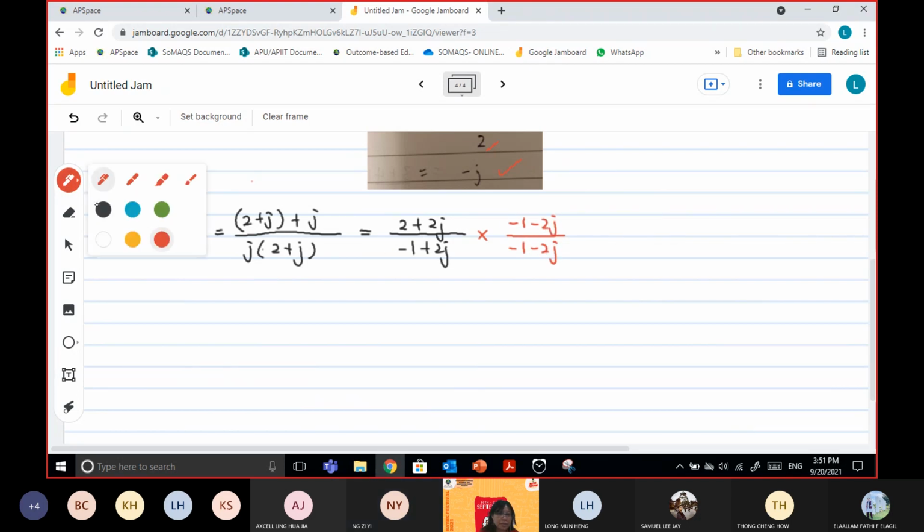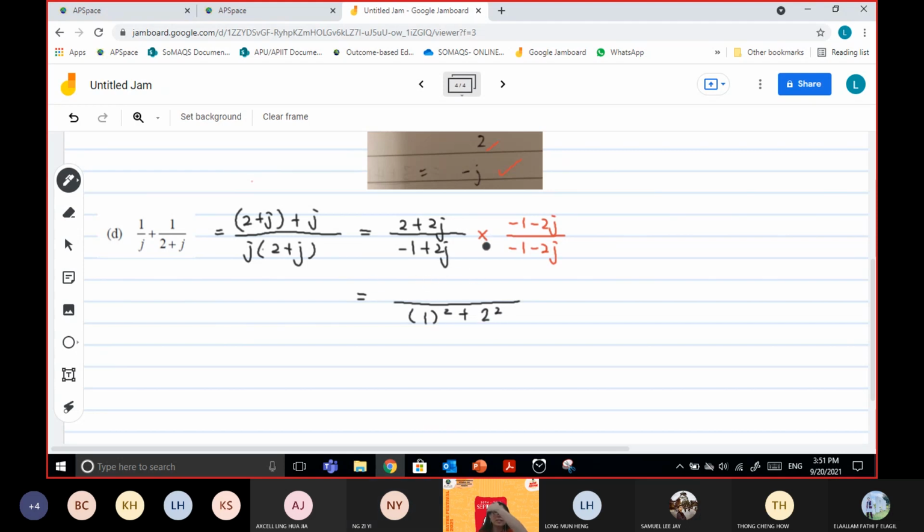Then can you tell me how to expand the bottom? 1 square plus 2 square. 2 square. Okay, thank you.